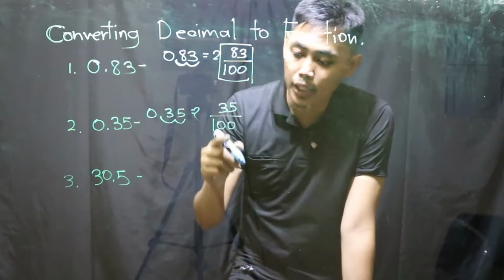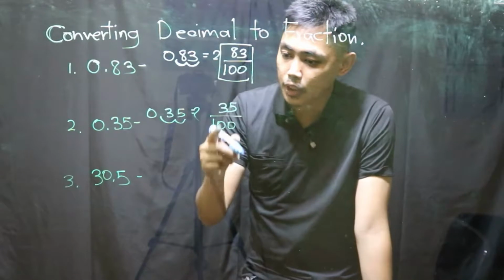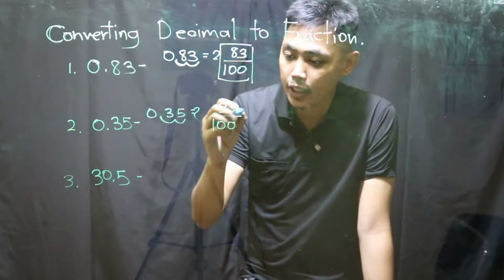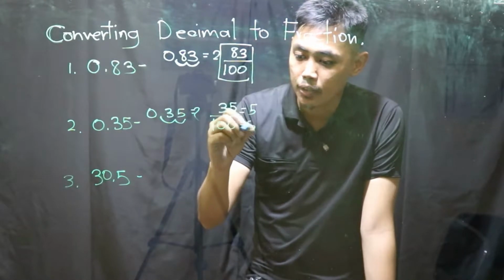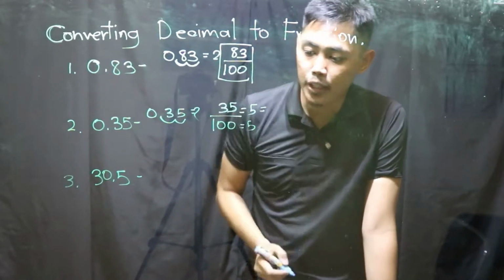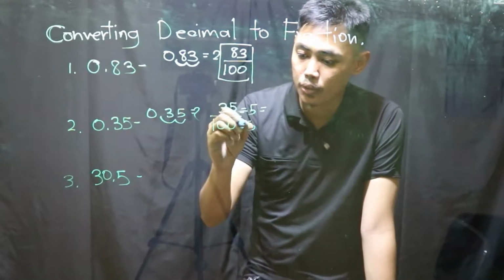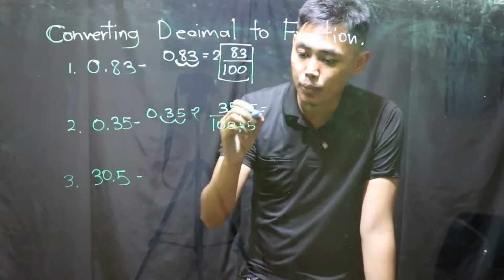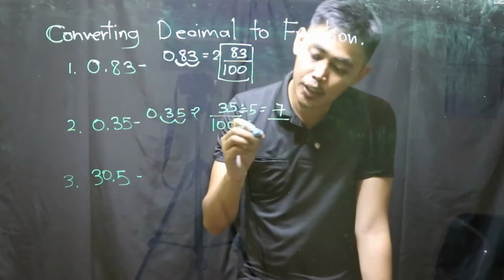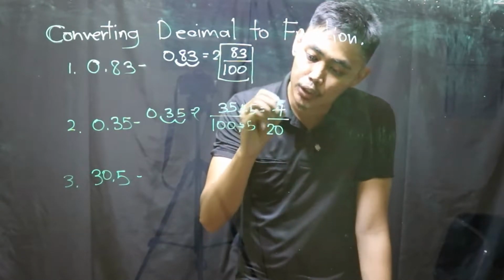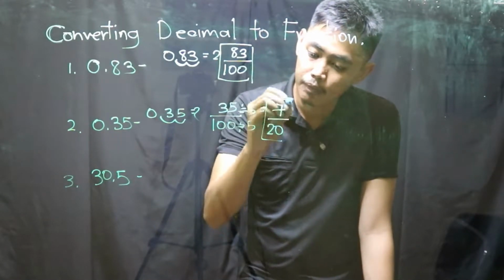And then, can we change this one to lowest term? Yes, we can. So we can divide it by 5. So 35 divided by 5 is equal to 7, over 100 divided by 5 is 20. So this is 7 over 20.